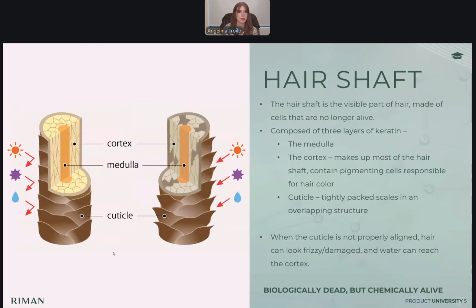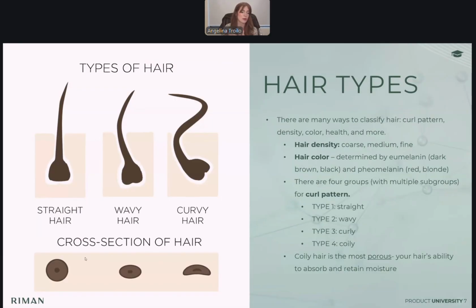Similarly, for the cross section of hair, if we were to take a cross section of straight or fine hair, it's going to be really a perfect circle. But as we get to those curlier or coilier hair types, it can take on more of an elliptical appearance in its cross section.